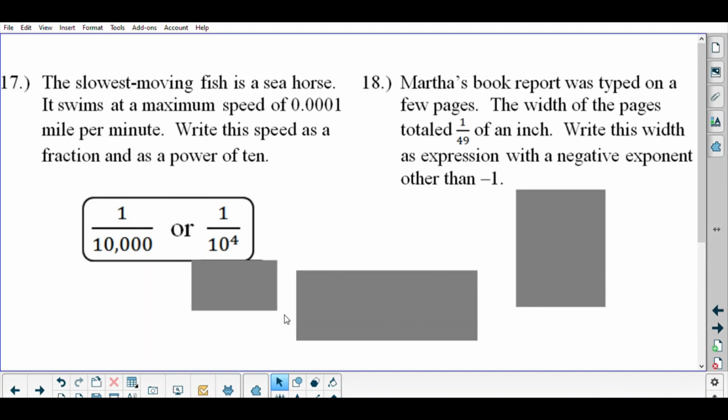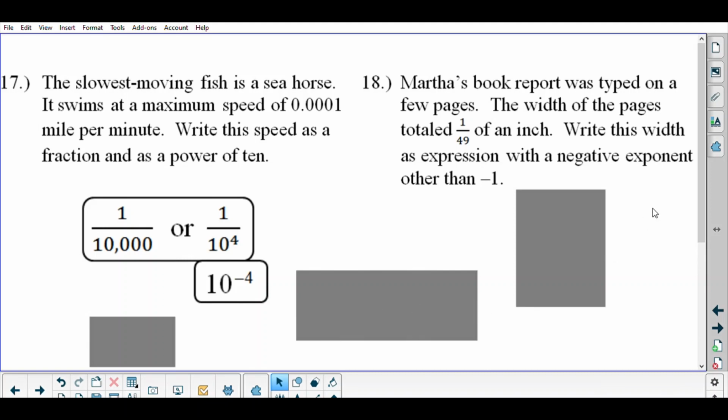Now, to write that as a power of 10, think about what we just learned, that would be 10 to the -4th power. And there's the two answers that this problem is asking for, the fraction form and the form as a power of 10.